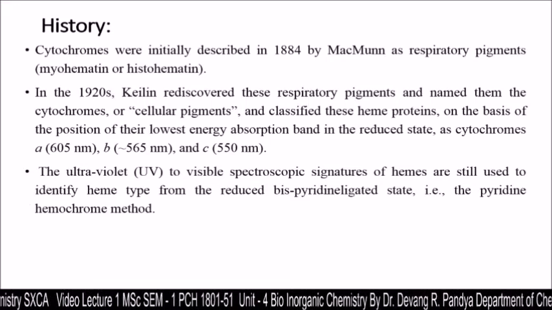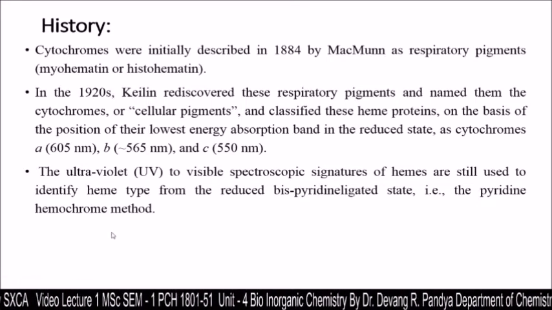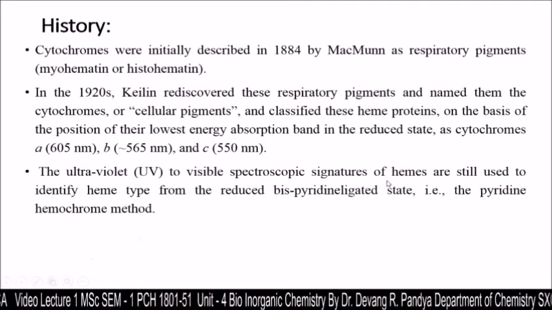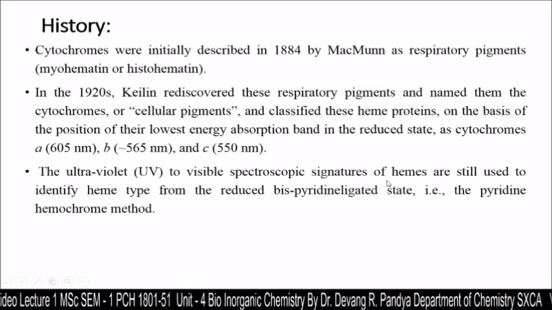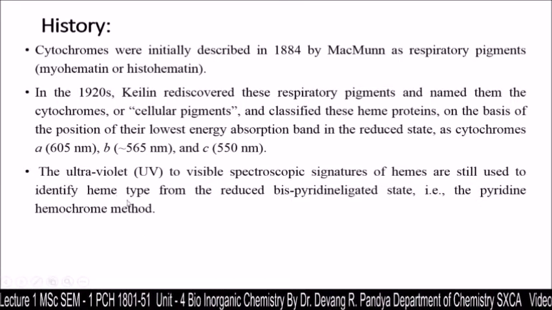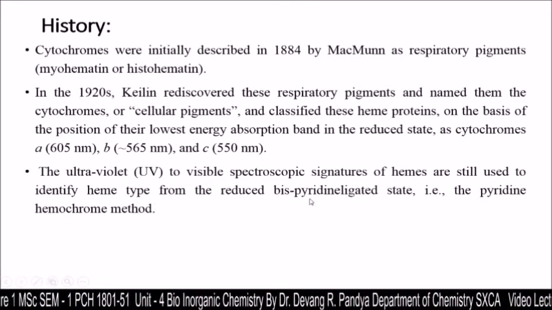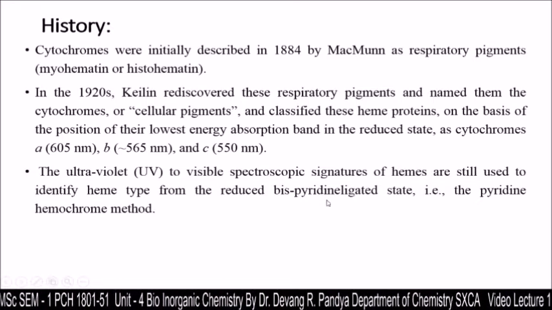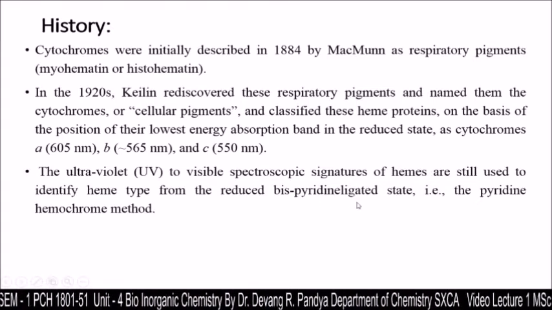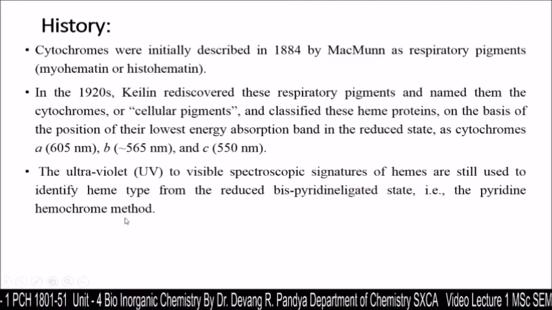The ultraviolet to visible spectroscopic signatures of heme are still used to identify heme type from the reduced bispyridine ligated state, the pyridine hemochrome method.